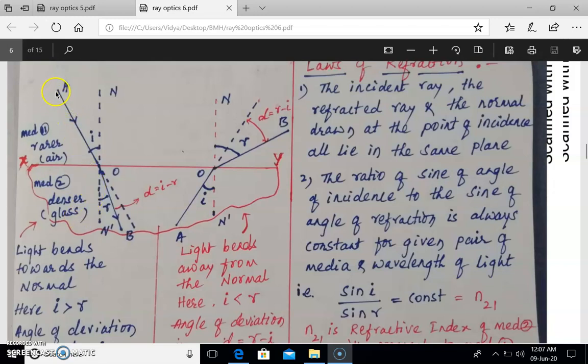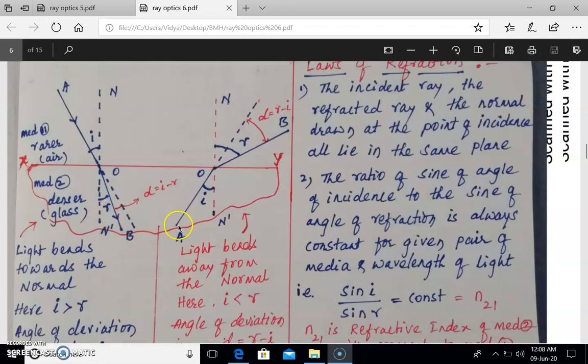Light ray AO is incident obliquely on the interface XY at an angle I. At the interface, the light, instead of going straight, bends through an angle. The angle through which the light bends is called the angle of deviation. Light traversing from rarer to denser medium, after refraction, bends towards the normal.